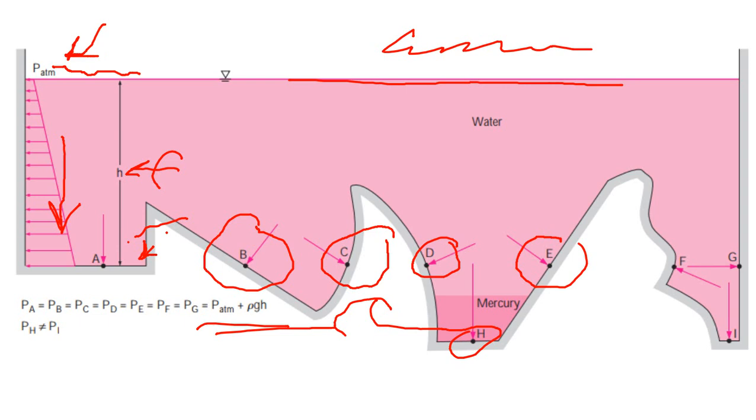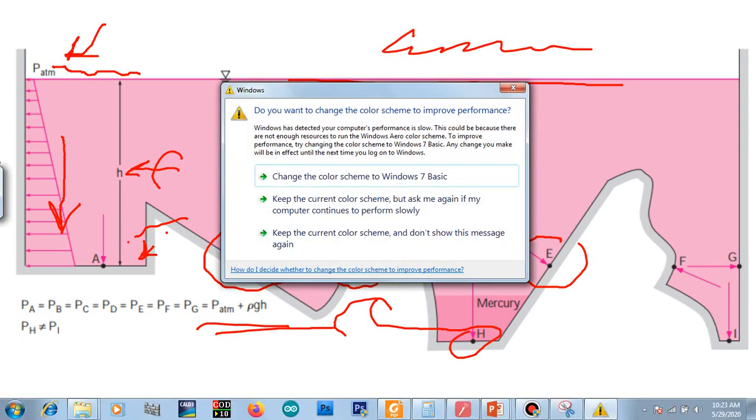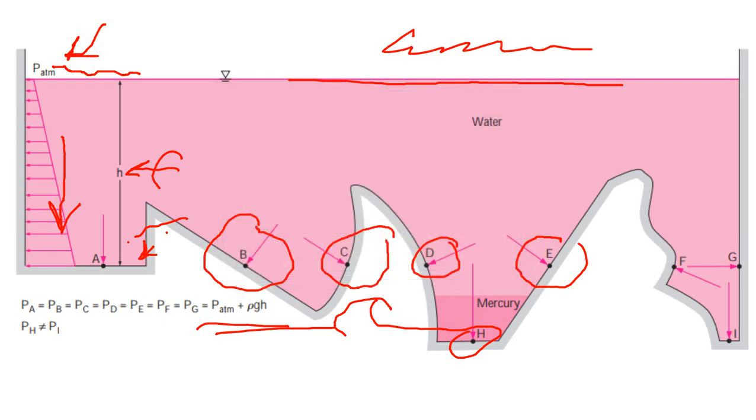Another thing that we need to take from here is the discussion shown at the bottom. It says that pressure at points A, B, C, D, E, F, and G are equal.